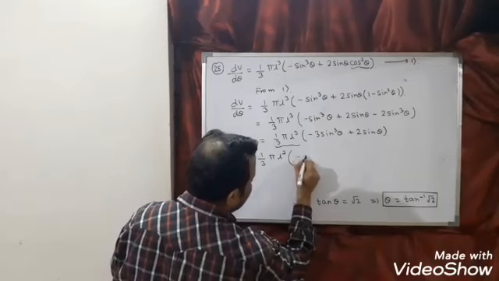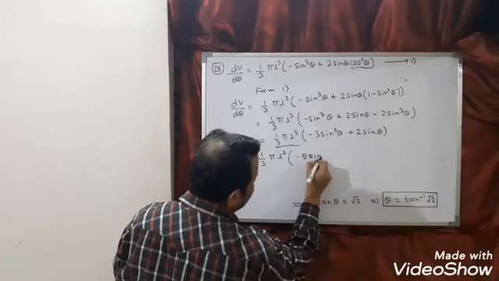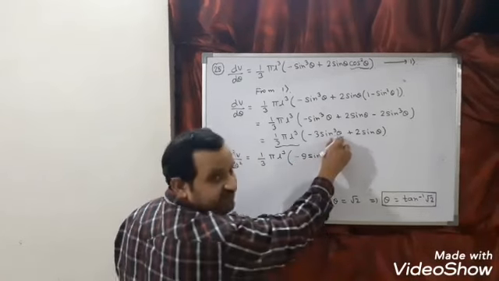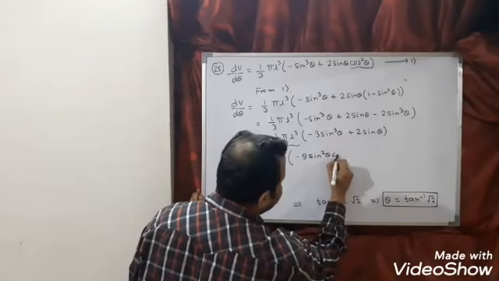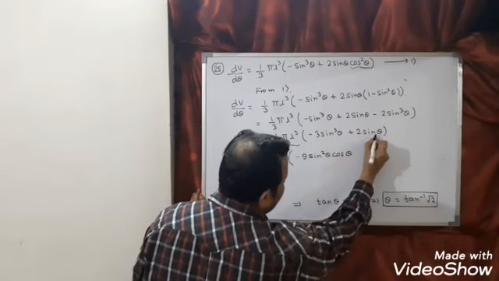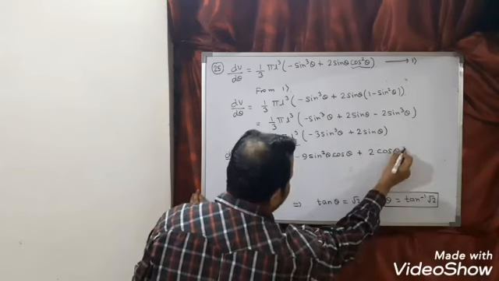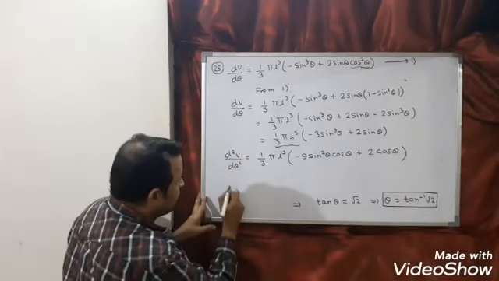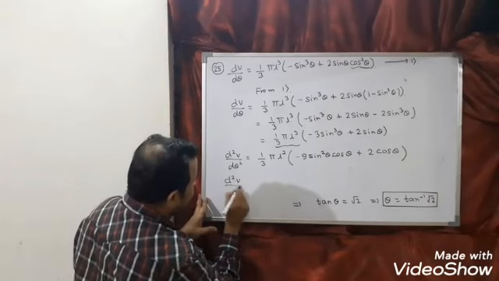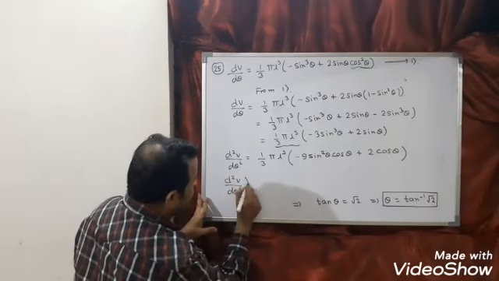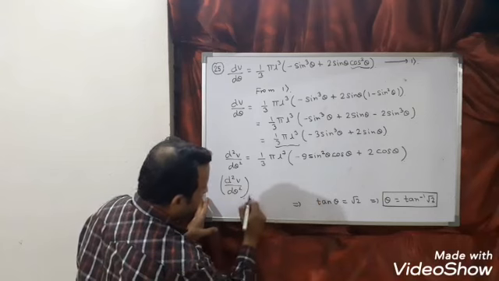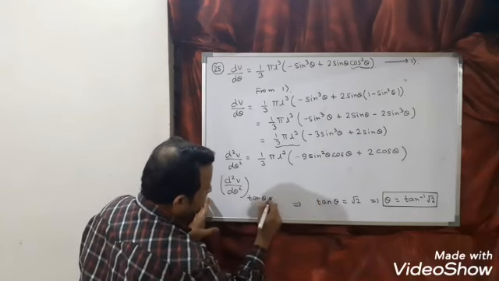So what you will get? Minus 9 sin square theta into differentiation of sin theta, it is cos theta, chain rule, plus differentiation of sin theta is nothing but 2 cos theta. Now find second derivative at tan theta is equal to root 2.